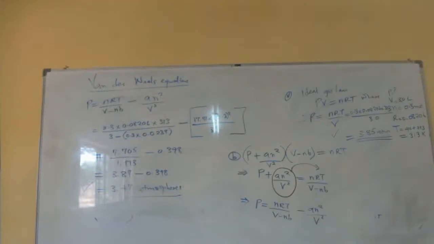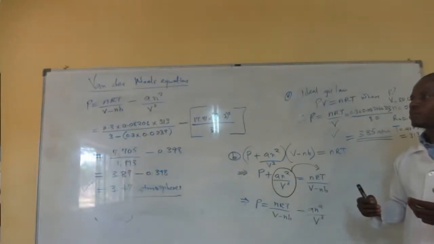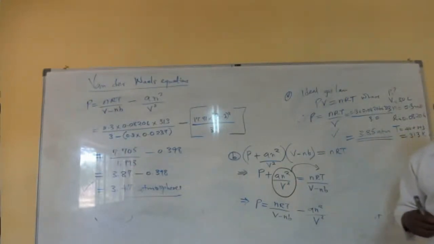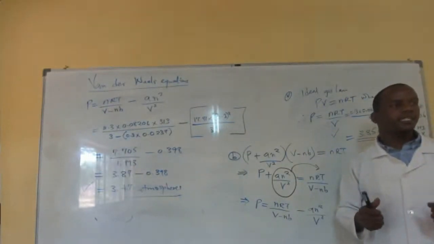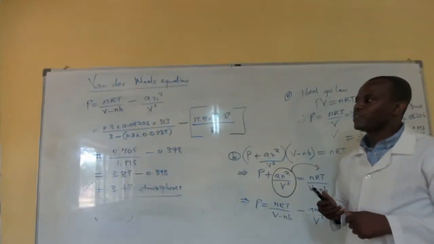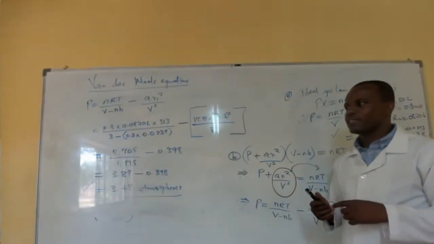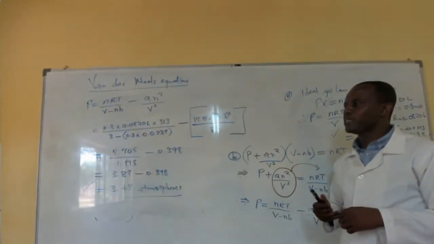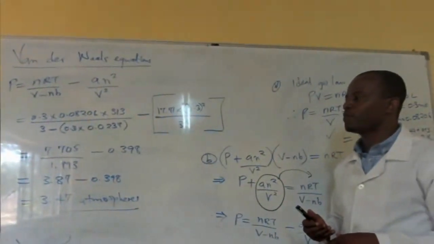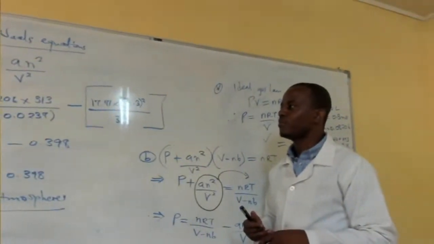And therefore, when you are dealing with a real gas, which actually has interaction of gas particles, it's a bit different compared to an ideal gas, because for an ideal gas, you assume negligible volume, or rather no volume. Secondly, you assume that these gas molecules have no attractive and no repulsive forces.